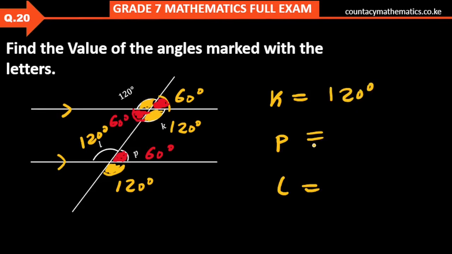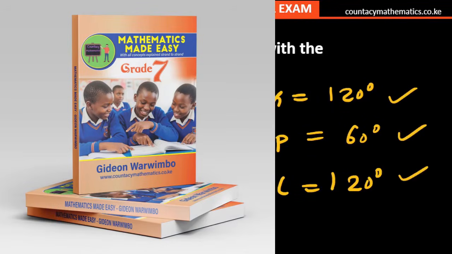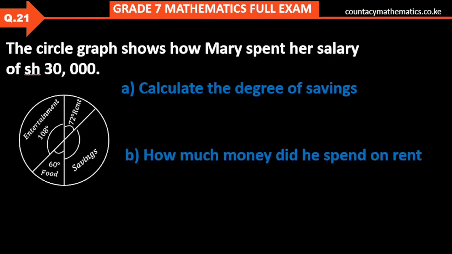For P, where is P located? This angle, it is 60 degrees, and L is 120 degrees like that. So that's the required solution for that, and if you can be able to do that, then you should be able to get all the full marks for that, and that is how you are supposed to do.